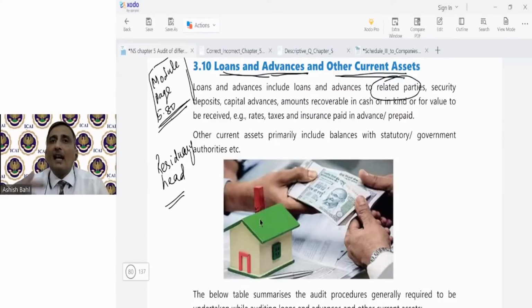On the other hand, if the company states something negatively, say in the notes that there is no contingent liability in the financial statements, then it would be an example of negative assertion. Okay, so all the items which you see in the balance sheet, the auditor tests positive assertions about these to identify the material misstatements.